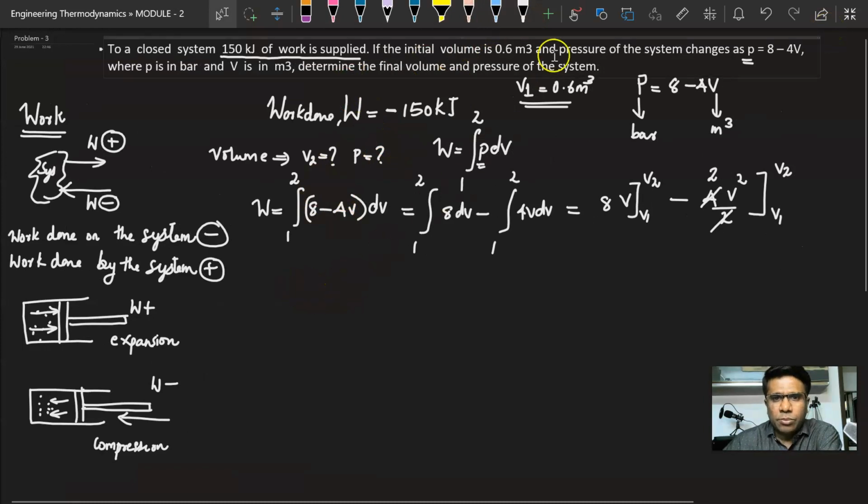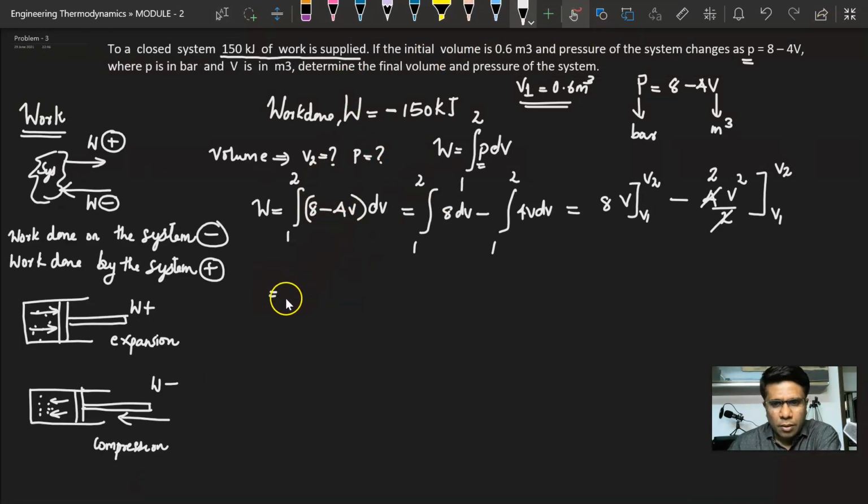So this becomes 8 into (v2 minus v1) equal to 2 into, this is minus 2 into (v2 square minus v1 square).